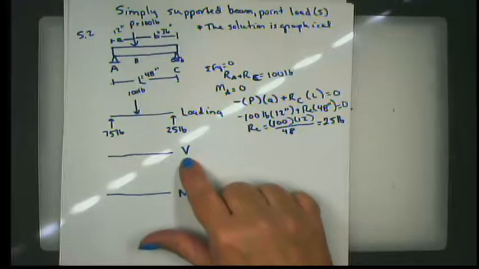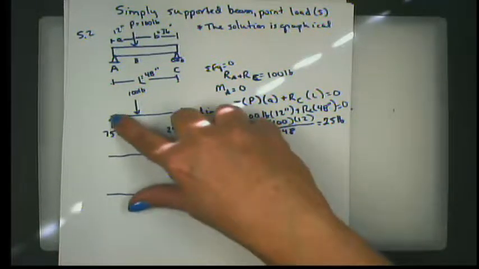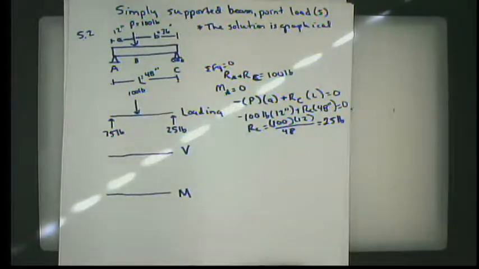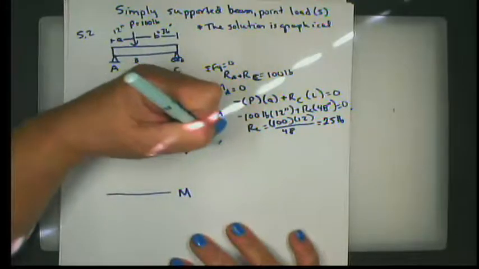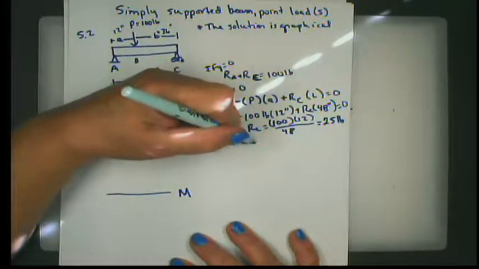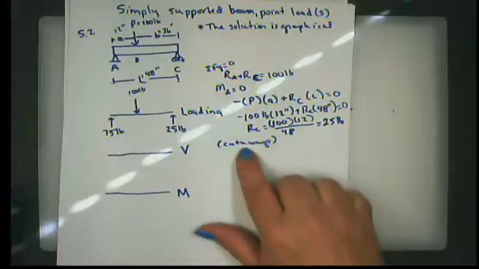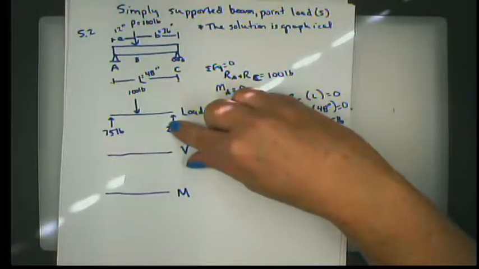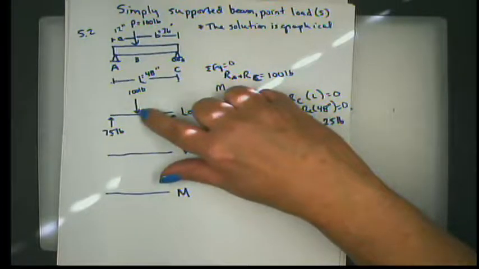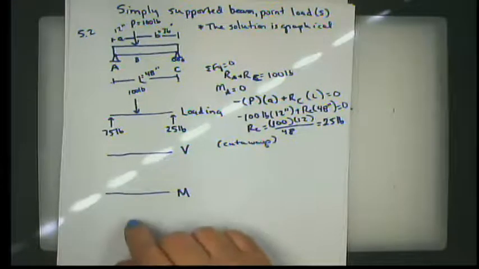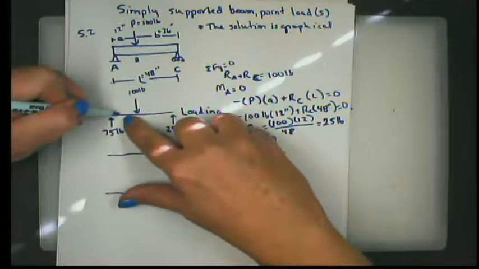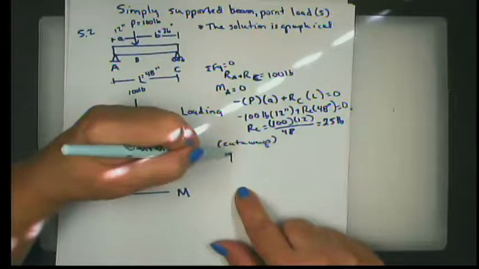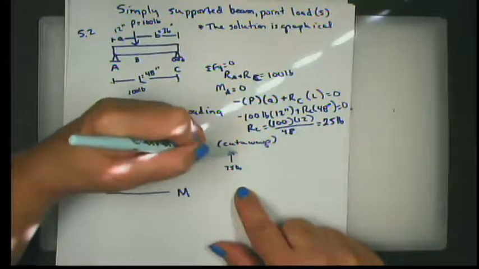Now I need to construct my shear diagram, which means what is the shear everywhere in this beam? And the way that I do it is I have to do cutaways every time there is a change in the loading condition, I guess is the best way I can say it. So that means from here to here, if I cut somewhere along the distance of A, I would have 75 pounds pushing up.